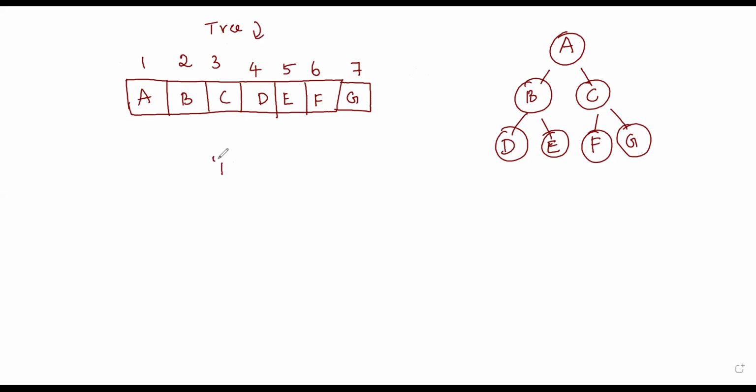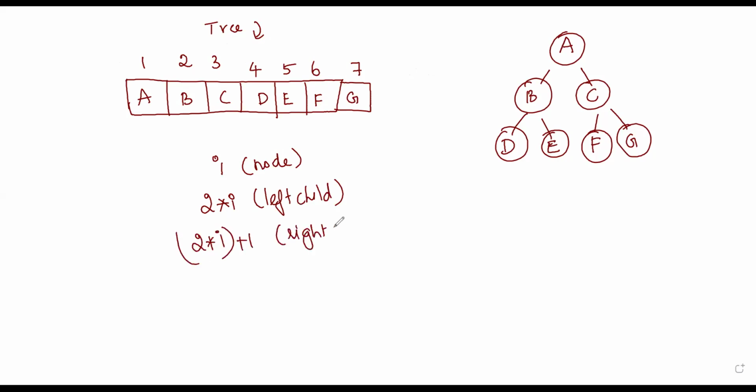For a node I, to find its left child you have to use this formula, and to find its right child you use this formula. To find the parent, you go for I by 2, floor value.